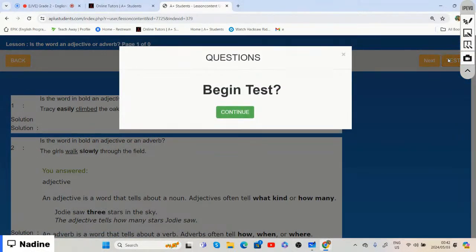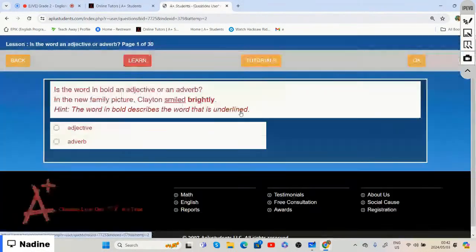So let's go to our test before we end our lesson. We need to say if the word in bold is either an adjective or an adverb.